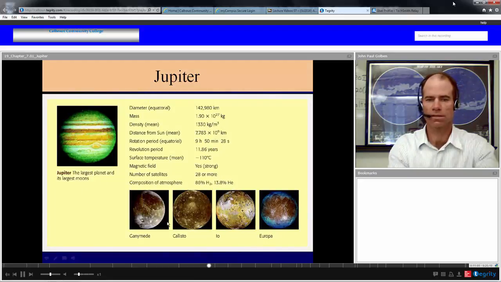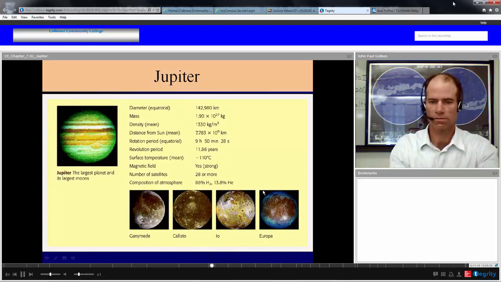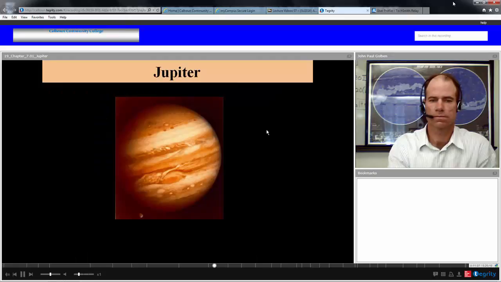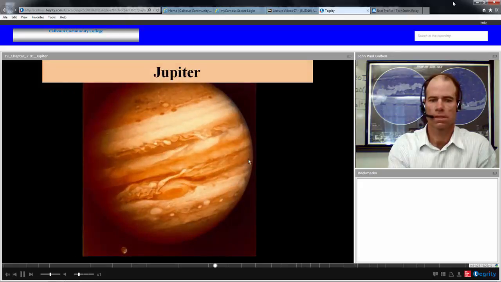Here's some data on Jupiter and its 4 prominent so-called Galilean moons, because Galileo was the one to discover these 4 moons. So 4 nice pictures of Io, Europa, Callisto, and Ganymede. Here's a picture of Jupiter and one of those moons.